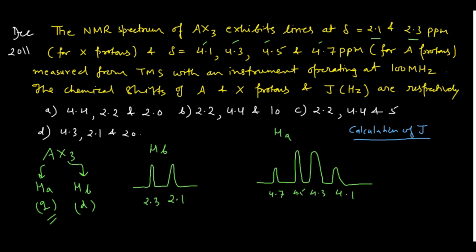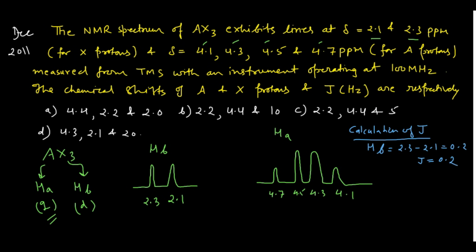First for HB, you take the difference: 2.3 minus 2.1, which gives 0.2. So here you get the value of J as 0.2 for this one.